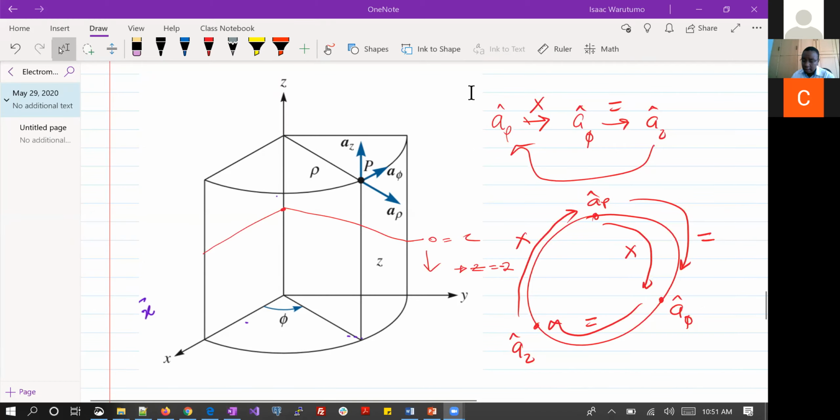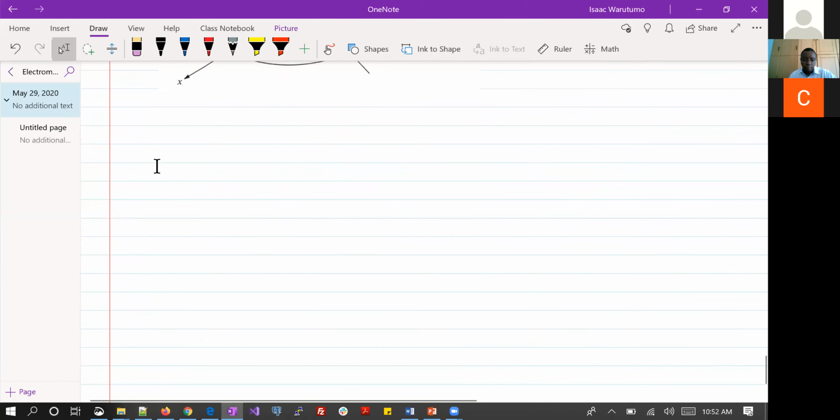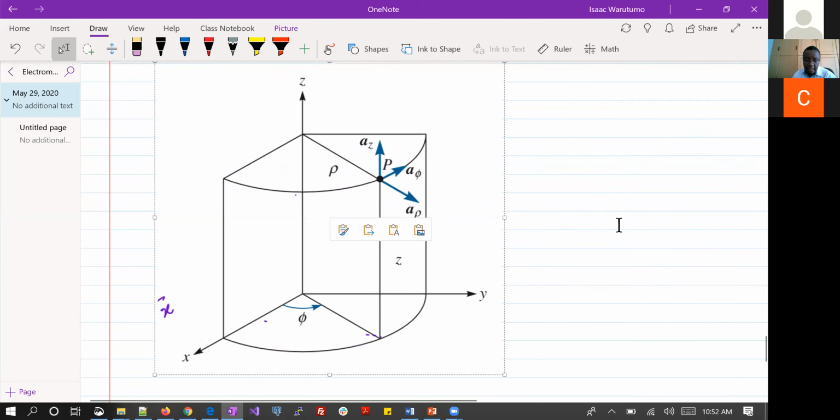I think I'm still sharing the screen. From this diagram, which I can now redraw down here, I'm saying that at some point you might want to express this point, or let's say you might express the radius rho using the XYZ coordinate system.